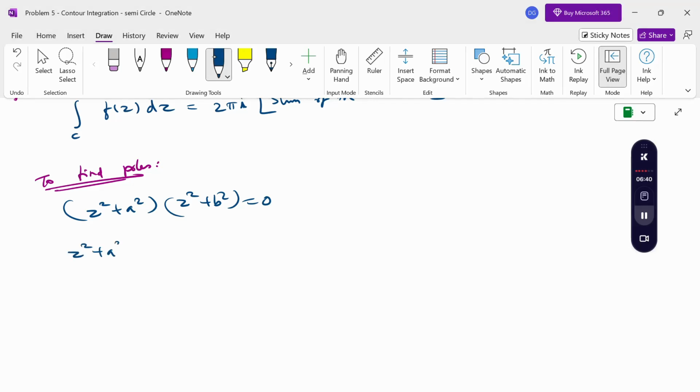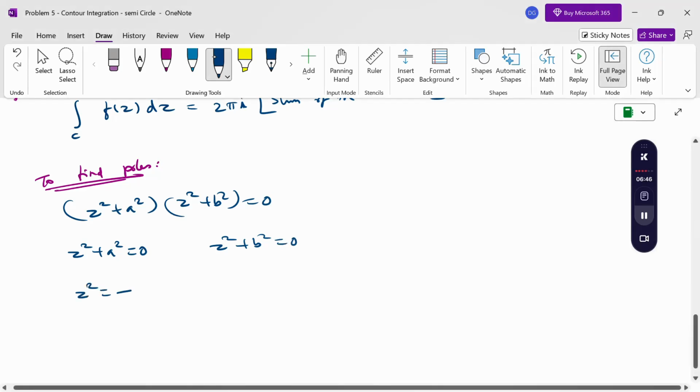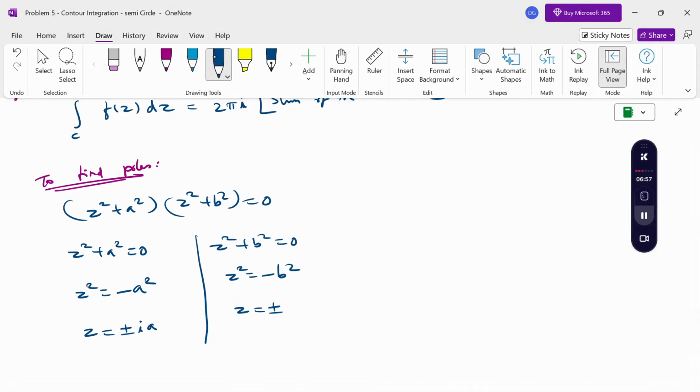So z square plus a square equal to 0, z square equal to minus a square, z equal to plus or minus ia. Here z square equal to minus b square, z equal to plus or minus ib.